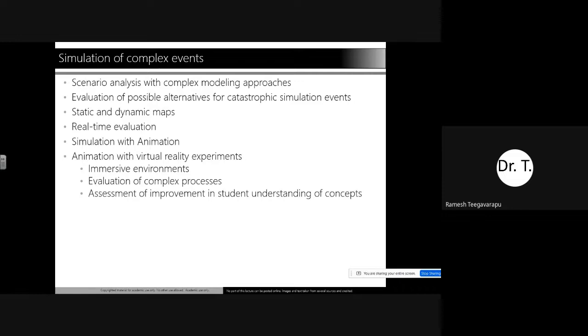We can also do what we call the real-time evaluation of the system, and simulation along with animation. When I say simulation along with animation, that means we are not only simulating the environment, we want to be in a situation where we can animate the whole thing. It's like your flight simulator. You can simulate the system, but also you can animate.